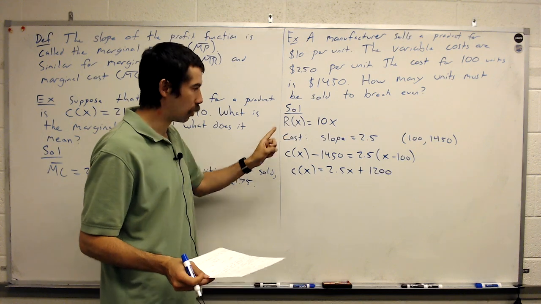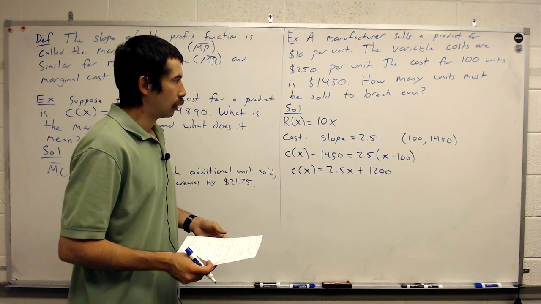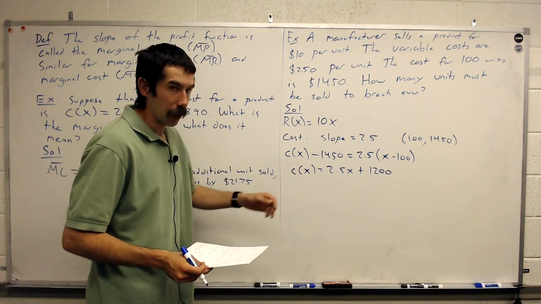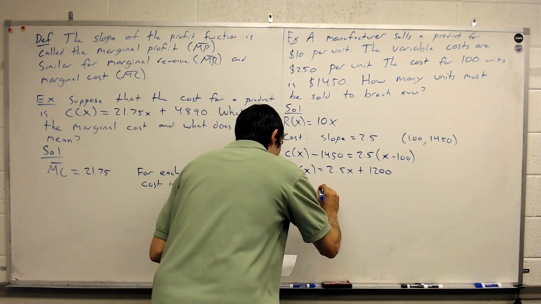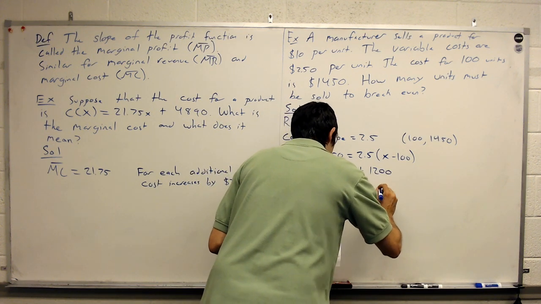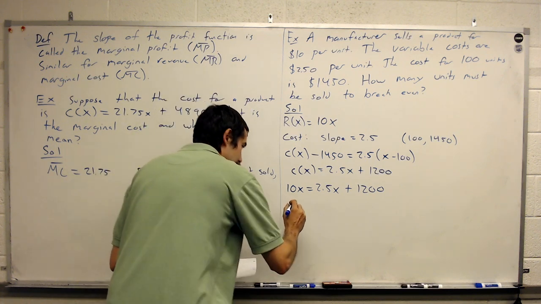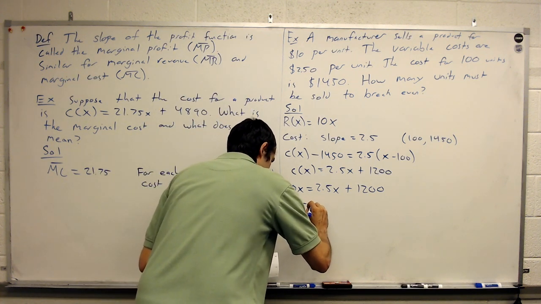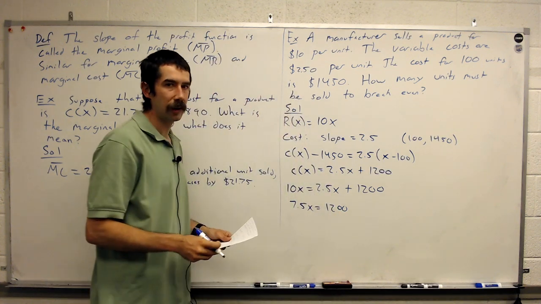We have our revenue, we have our cost, we're ready to find the break-even point. So let's set our revenue equal to cost, and we'll solve. So 10x equals 2.5x plus 1,200. Subtracting over the 2.5x, we get 7.5x equals 1,200.